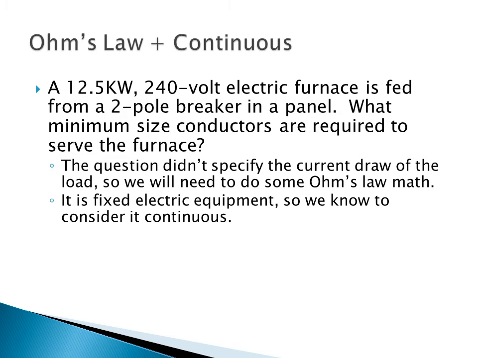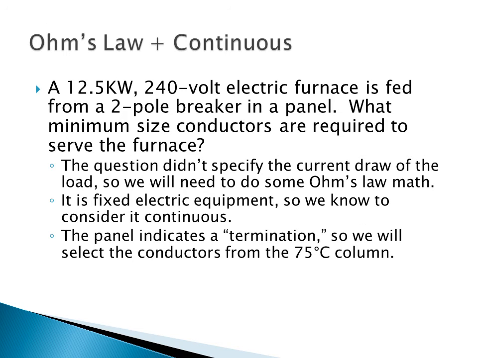It is fixed electric space heating equipment, so we know to consider it continuous. And then the panel indicates that we've got a breaker, so we know that we need to be in the 75-degree column. So you can see how subtle it is sometimes with these questions.